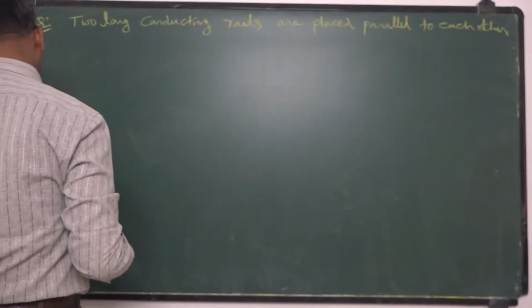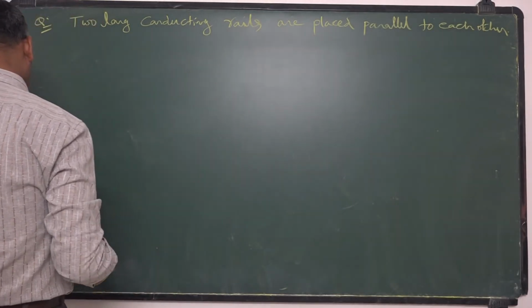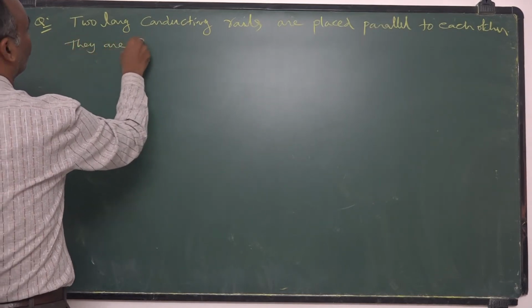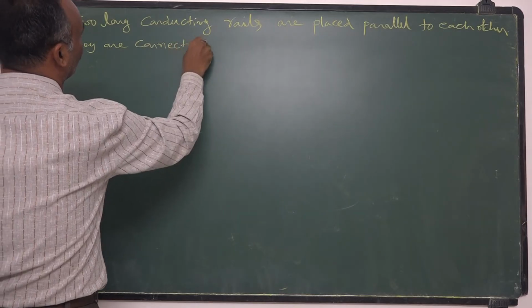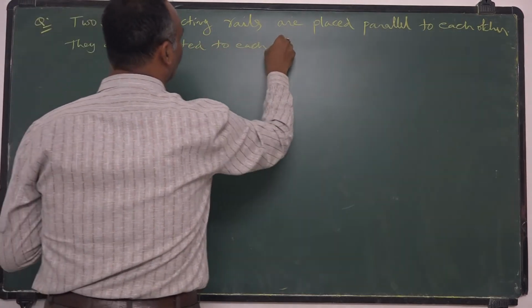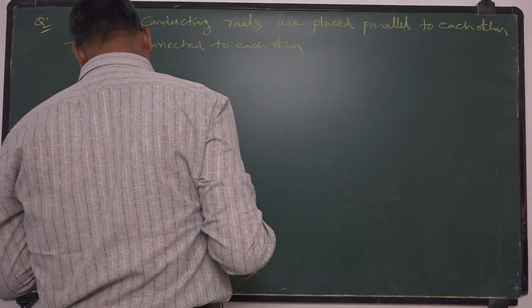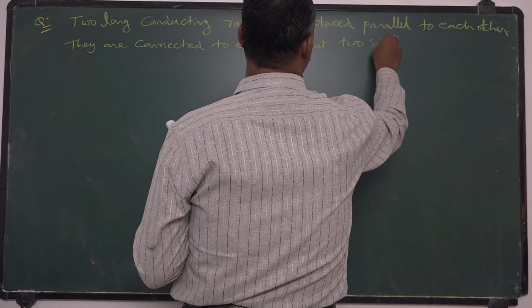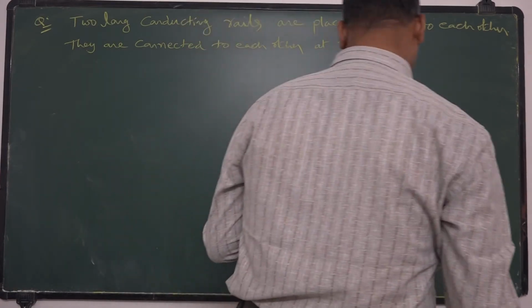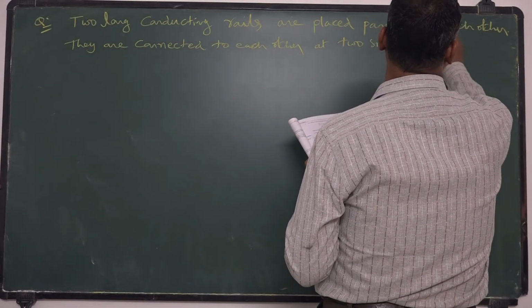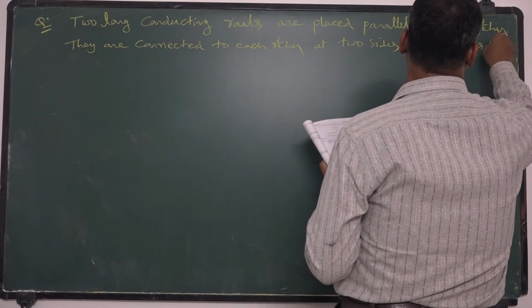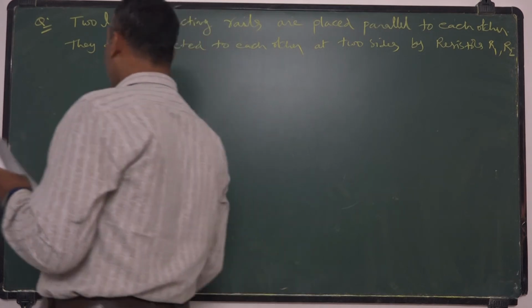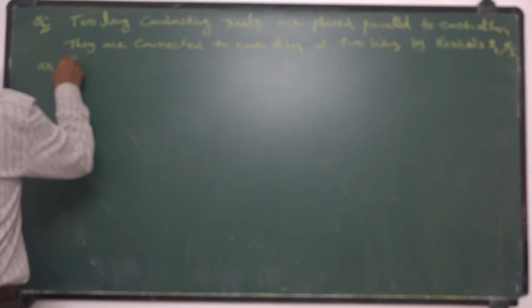They are connected to each other at two sides by resistors R1 and R2, as shown.